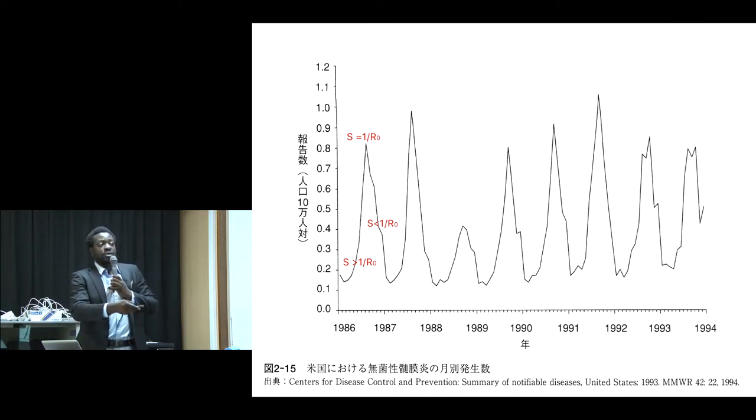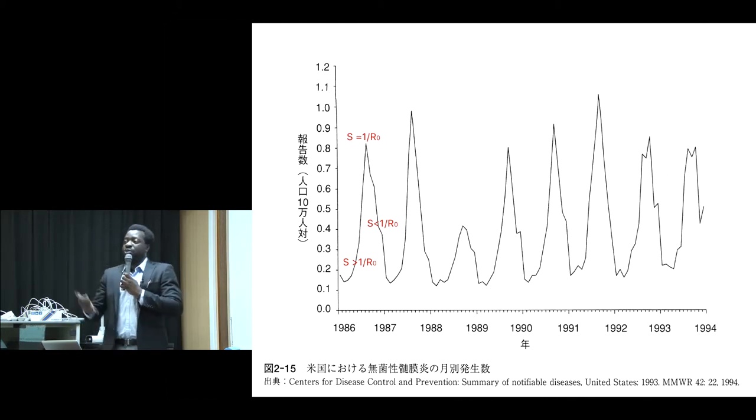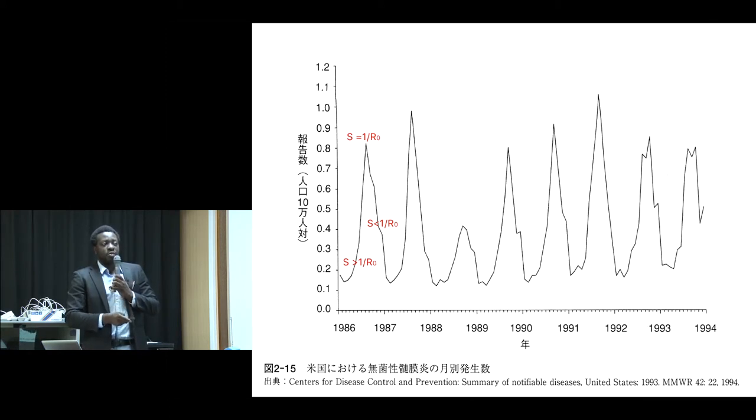The next wave will come only when the proportion of susceptible becomes greater. So that's why we have this waxing and waning over time of epidemics. So the factors to consider here are the number or proportion of susceptible, and the R naught.